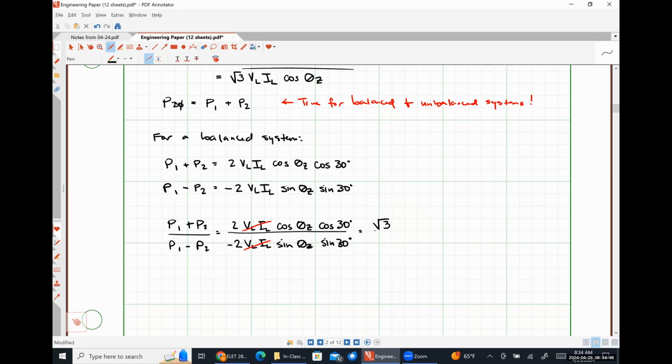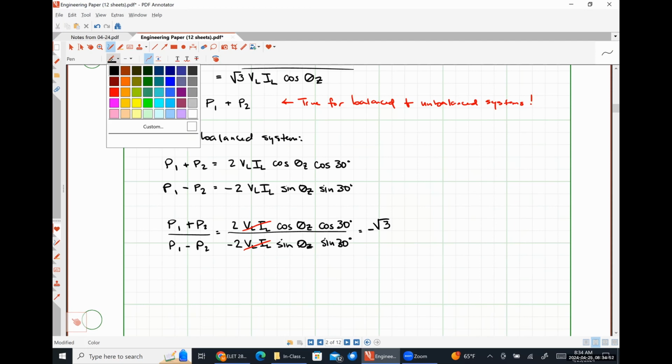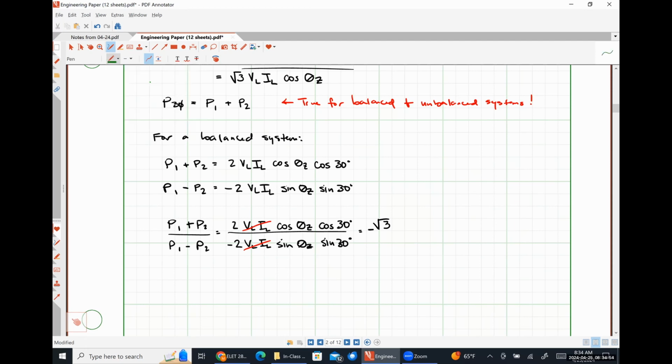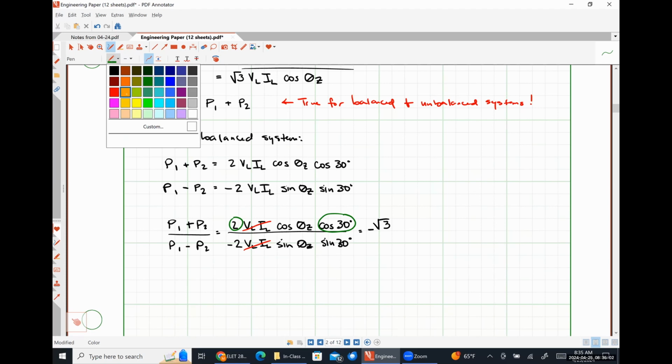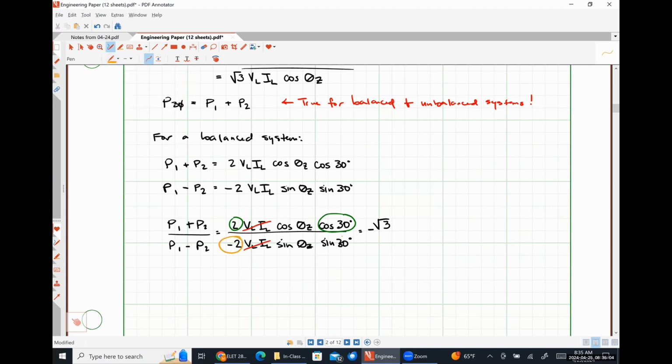So I'm just going to put a negative sign out front. Just to be clear, I have lumped this guy and this guy together to get that square root of 3. We lumped this guy and this guy together to get that -1.